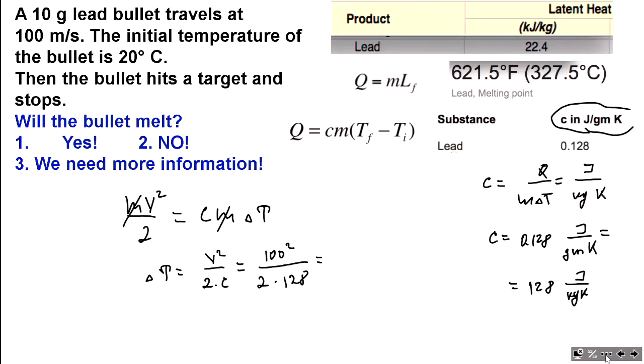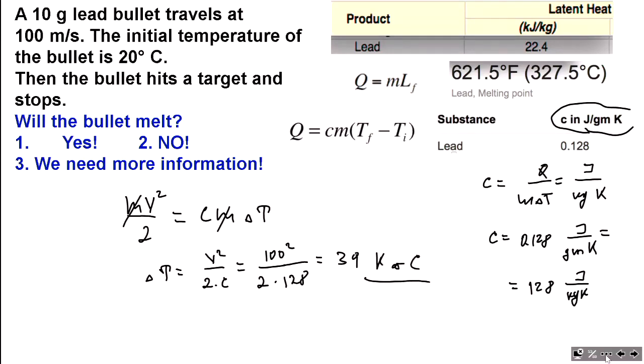1 and 4 zeros divided by 256 equals 39, right? Kelvin or Celsius.